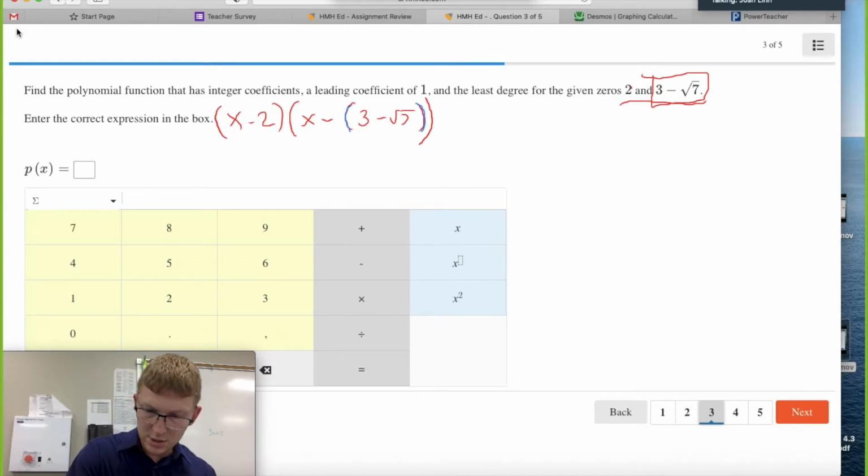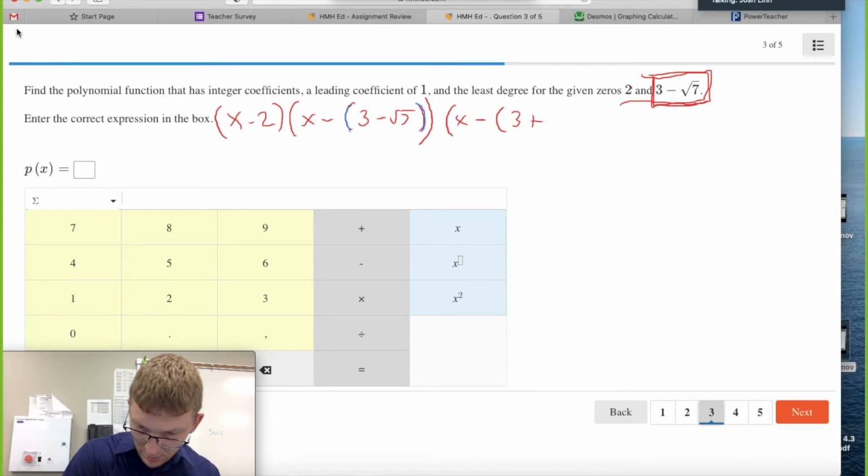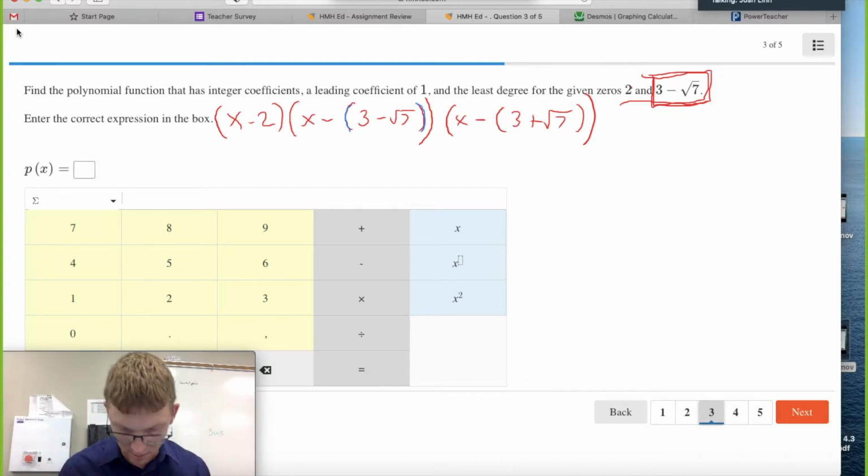So we need to include the conjugate of this, which is just 3 plus square root of 7. So that would be x minus 3 plus square root of 7.